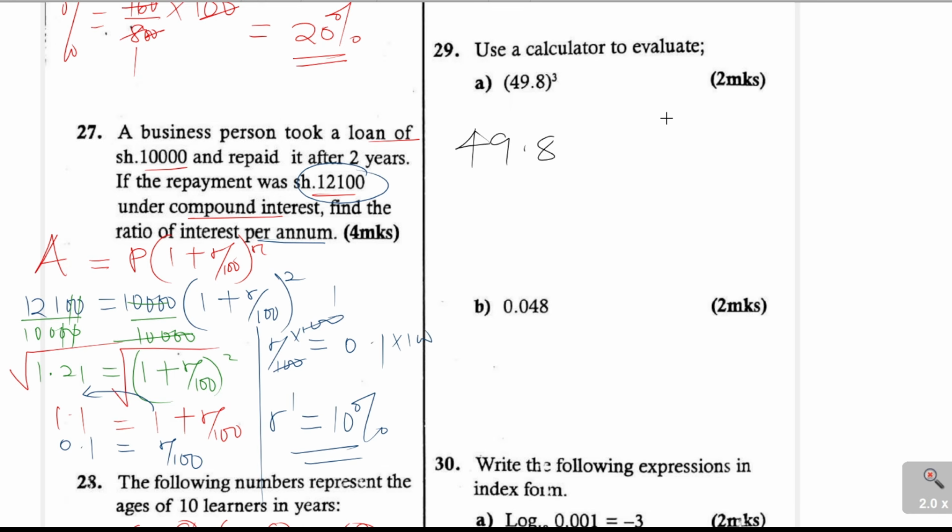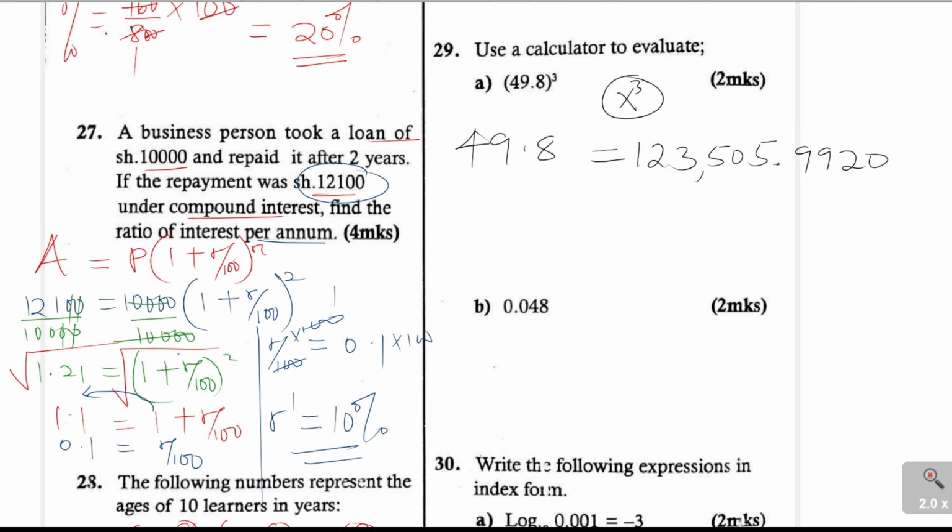When you press that and press equals, you get 123,505.9920.